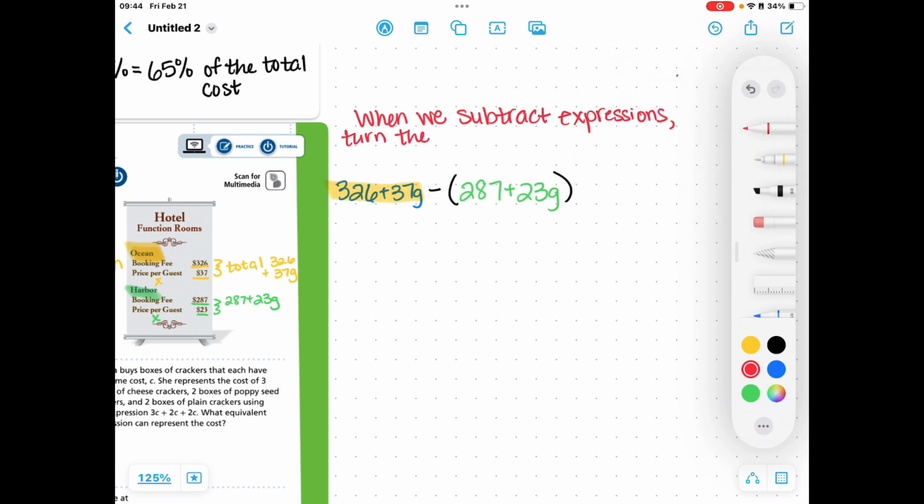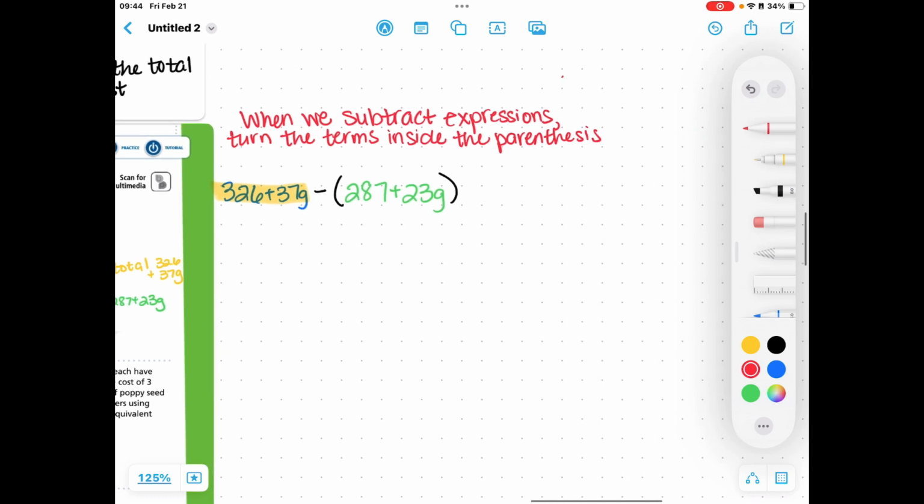Turn the terms inside the parentheses. I'm actually going to put something else here. I'm going to say add and.